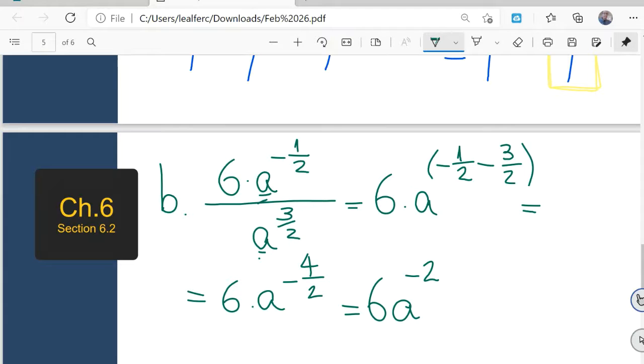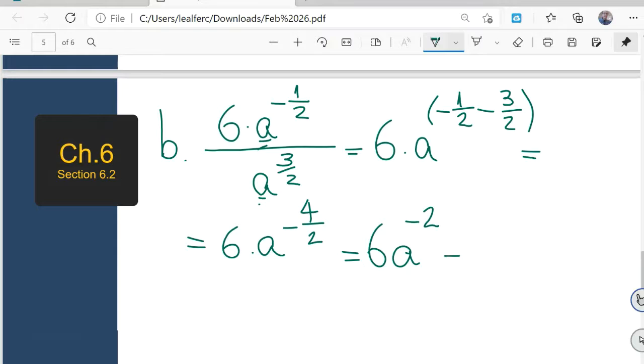Usually we don't want negative exponents. We can rewrite this using one of the other properties, the property of the negative exponent that you can flip, remember? 6 over a squared. You can flip this because it has a negative exponent, so you can rewrite this as equal to 6 over a squared.